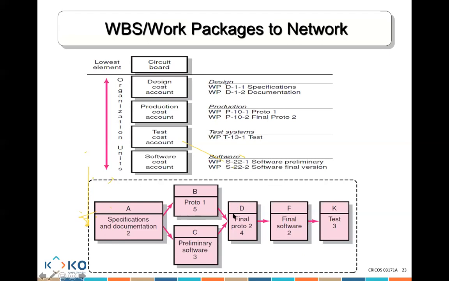And then finally, after the final prototype, we'll create the final software. And after the final software, we'll do all the testing. So here you can see we moved from what are the work packages to something very specific that says when each work package needs to be completed. What comes first and what comes after.